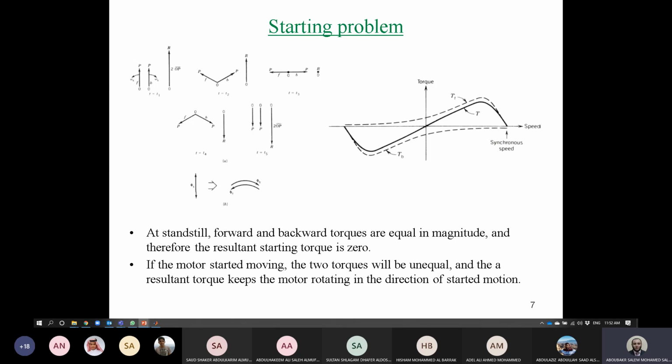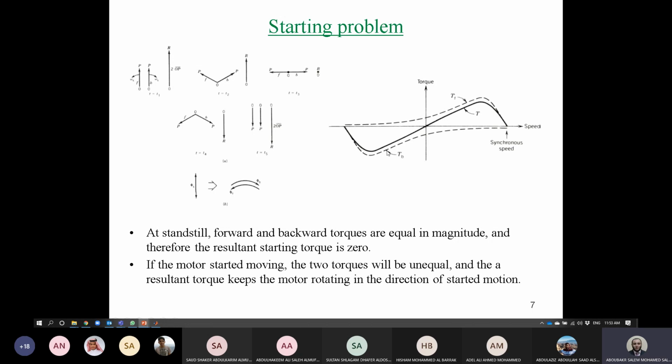However, if you just give a spin by your hand to the motor to start, it will move in any direction. It's up to your spin. If you spin the motor to move in that direction, it will follow that direction and continue working until reaching the operating point, and it will continue at the operating point.